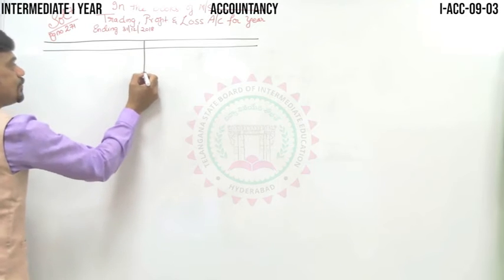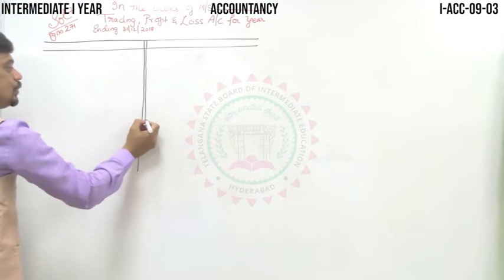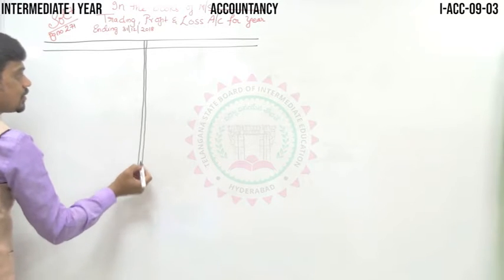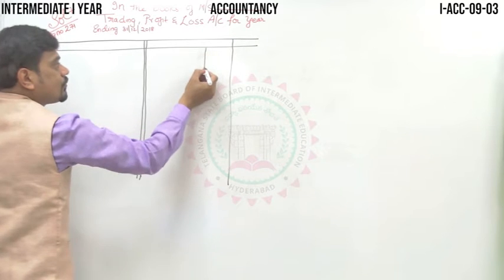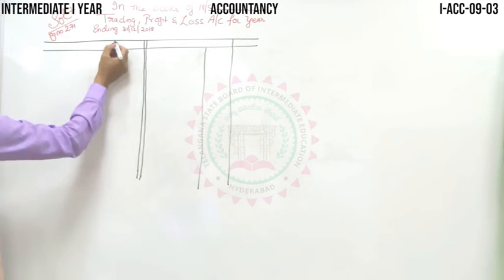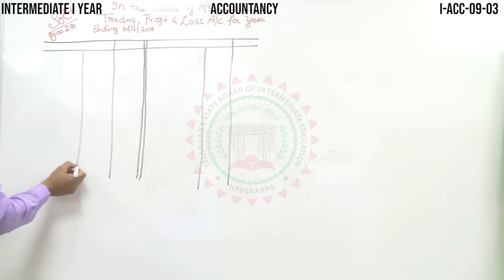I have divided the page into two parts. Then as usual, amount column, inner column, as usual, amount column, inner column.